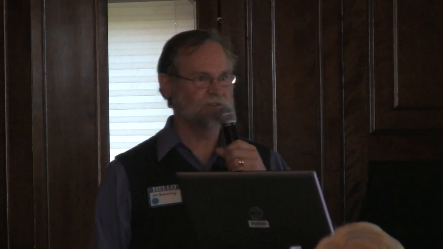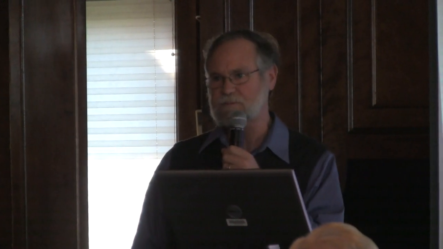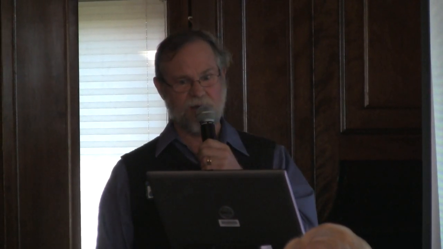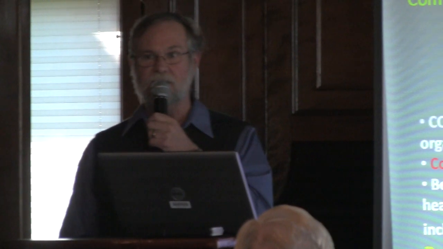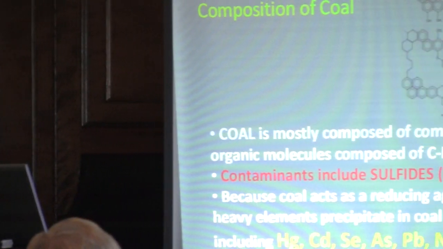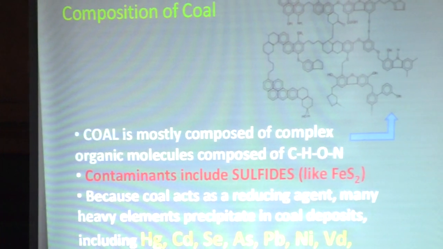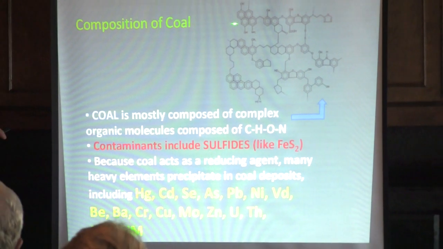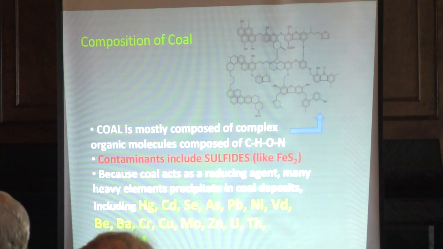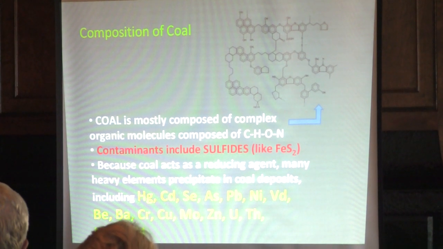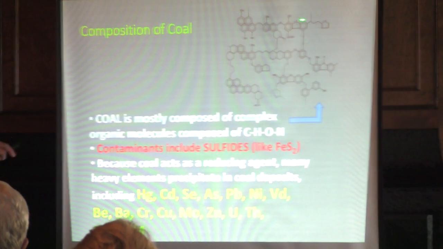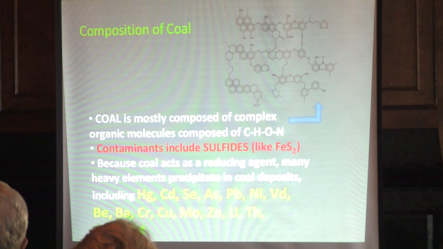The composition of coal, what is it made out of? It's mostly organic compounds. And if you can see this, that's a very complex organic compound, lots of chains of carbon and oxygen molecules here, which are these round things that you see here. It also has nitrogen, and it has phosphorus, and it has a lot of other things that are forming some of the bonds in here between the carbon and the oxygen.